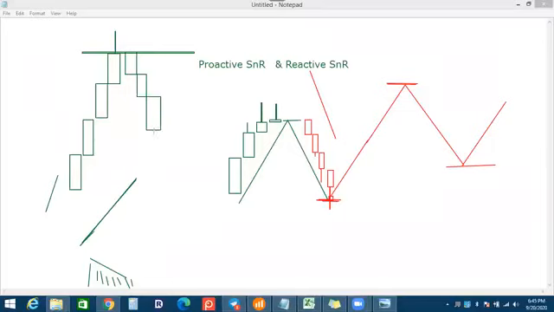When you see this type of wick again, and there is a support level, and if you see this type of wick on the support level, then you can understand, yes, now this support level can work. But if there is no wick or a very weak wick, how can you understand that this support will work?